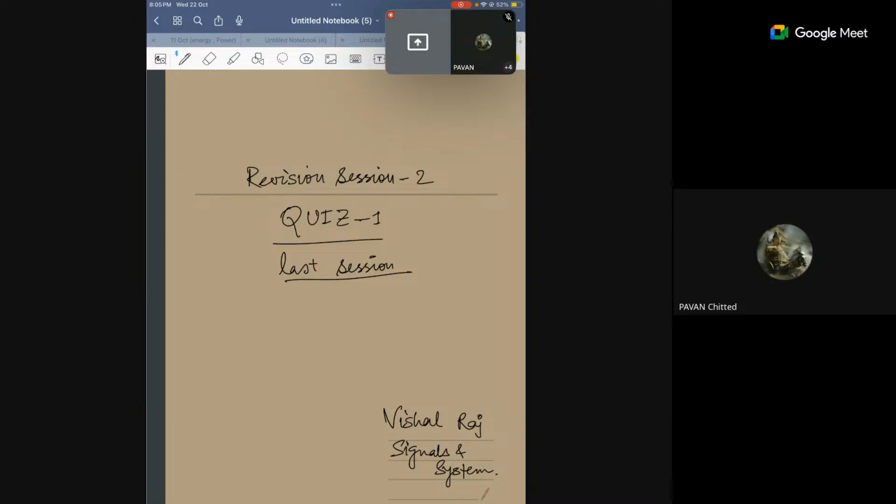The ramp function is also important, and then the very basics about the triangular function and the rectangular function. A rectangular function can be asked directly. For example, you can be given a combination of a rectangular and a triangular, like a trapezium, and asked to calculate the energy.